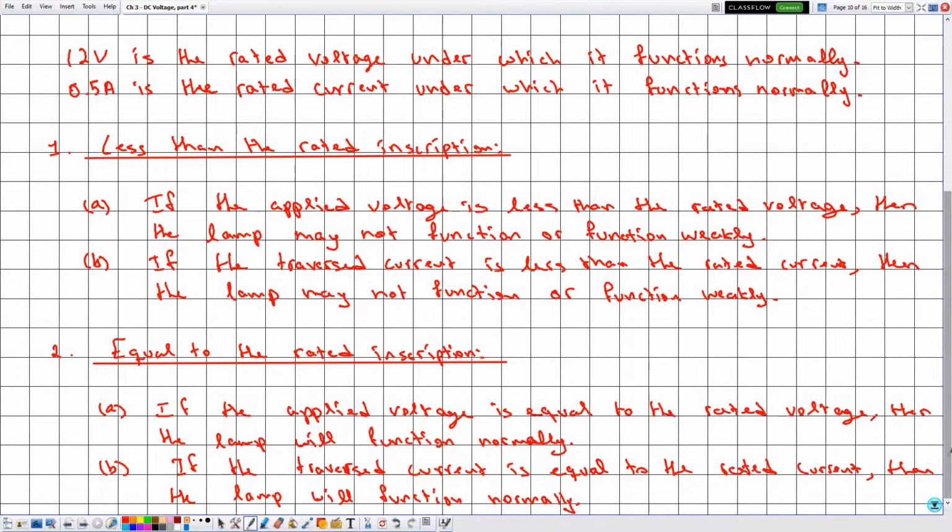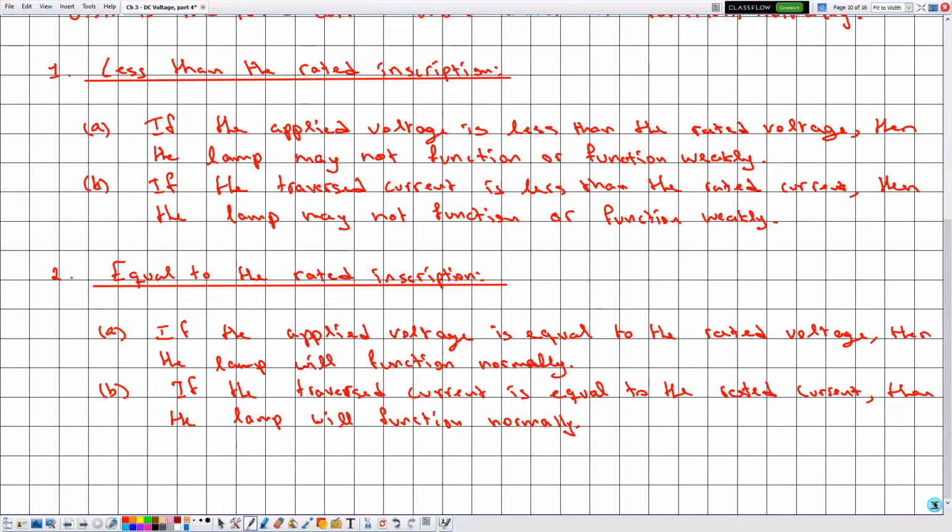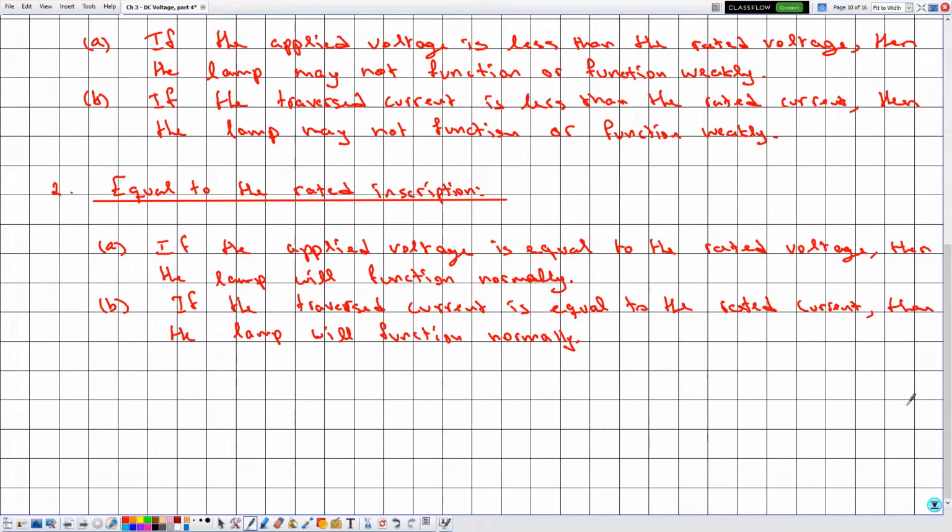Finally, another important case, which is the final case that we can consider, is where the applied voltage and traverse current are greater than those of the inscription. So let me say greater than the rated inscription.